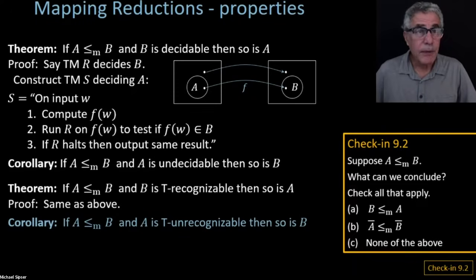But part B, if you just look here at the definition of mapping reducibility, it maps strings in to in and out to out. Well, if you exchange in and out, as you do when you're flipping complements on both sides, it's still by the same F going to still work as a mapping reduction.